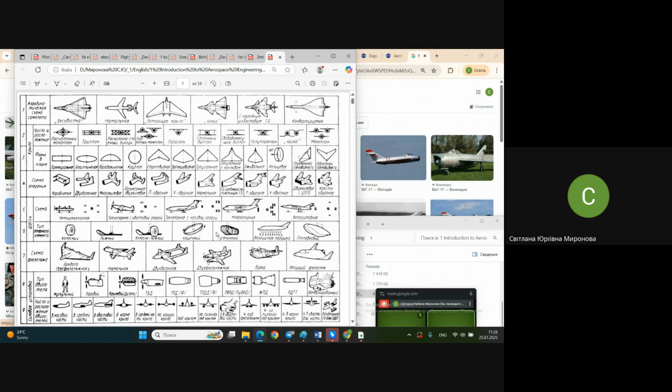I hope you remember what I said about aerodynamical schemes. An aerodynamical scheme may be conventional, that one: wing, stabilizer behind the wing, along the fuselage. Canard, that one: the wing is behind the stabilizer, which is somewhere close to the nose.